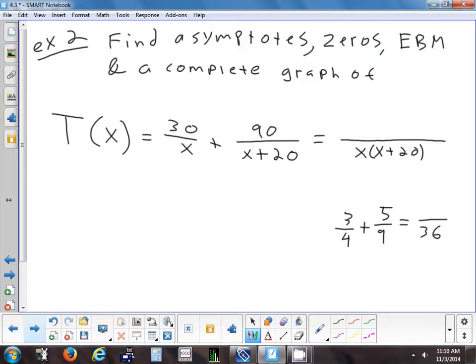All right, so now we got to figure out what do we multiply the first fraction by? We got to multiply by x plus 20 on the top, x plus 20 on the bottom. Okay, what about my second fraction? What would I have to multiply top and bottom by there?